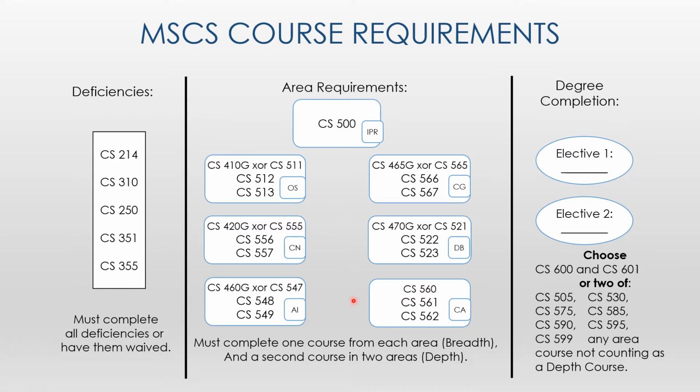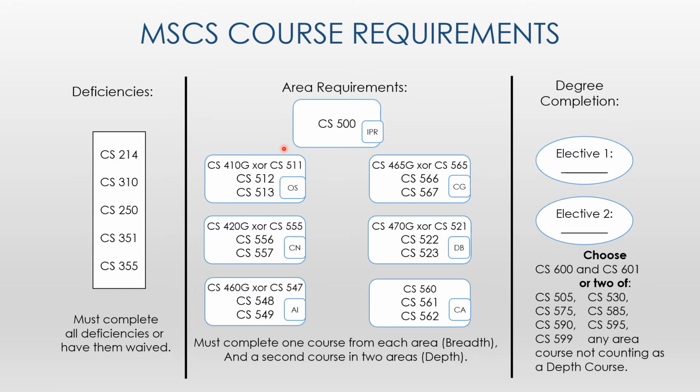Now beyond that, in the core area here in the middle, we have 6 core areas. And you can see they're similarly laid out. There's 2 courses here for most of them, and then a second and a third. And so, for example, this is the operating systems box, and 410G is the course in operating systems, and so is CS 511.